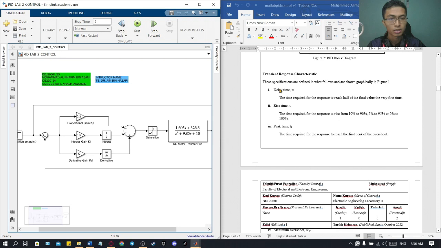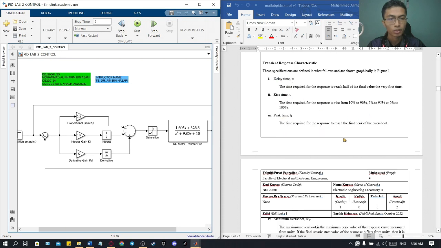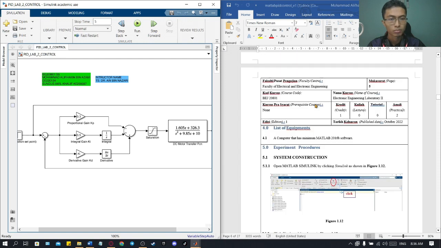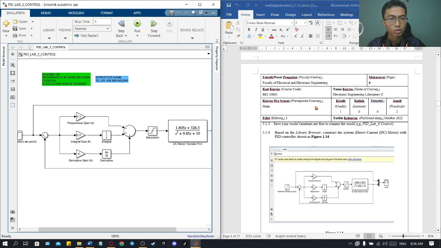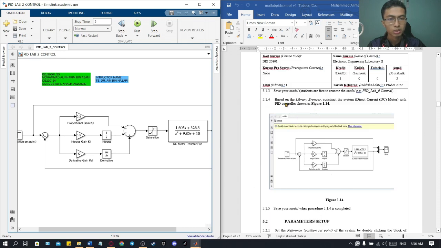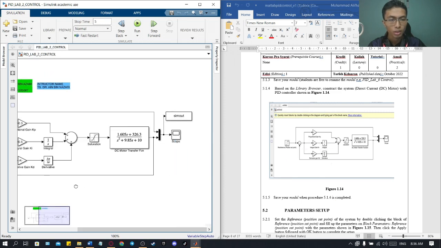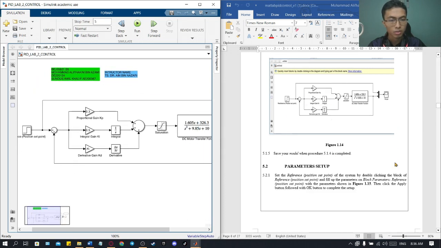Then delay time, rise time, peak time, and also maximum overshoot. So now we will continue to make figure 1.14 as shown over here. As you can see, it's the same.